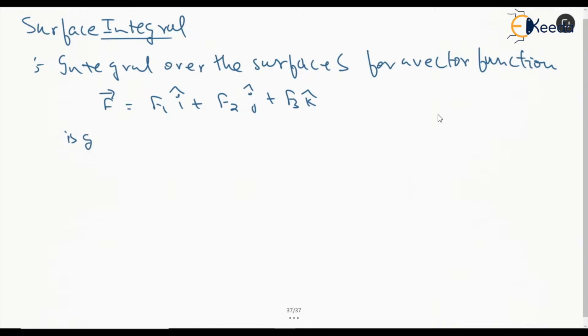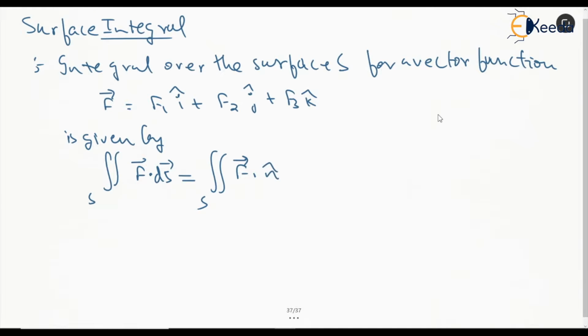Then it is given by the integral over S of F dot n cap dS, where F is already mentioned now. This dS can be given as n cap into dS, where n is the unit normal vector.